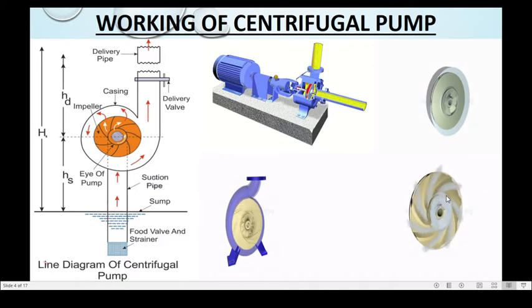So these are moving radially outward. Okay. And since this rotational energy is transferred to the liquid, we have what? Kinetic energy as well as pressure energy at the delivery side.